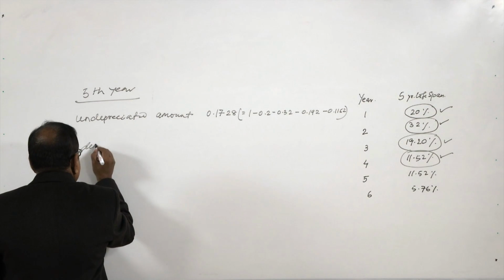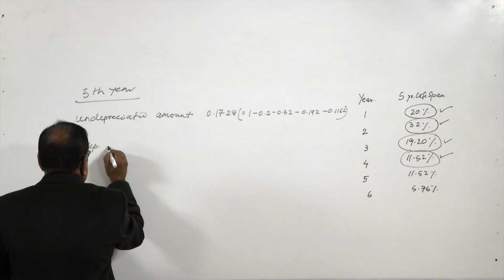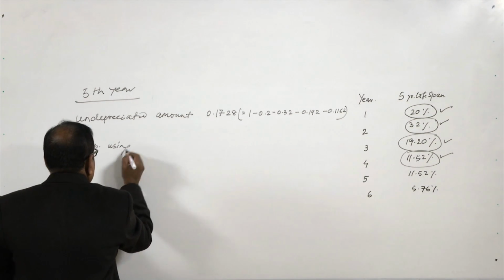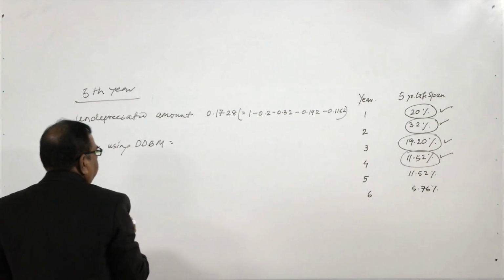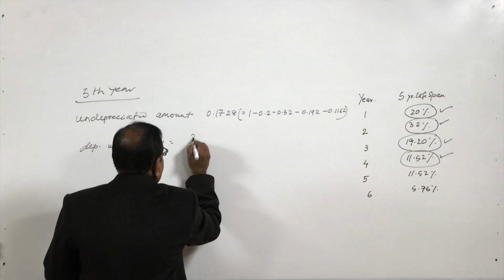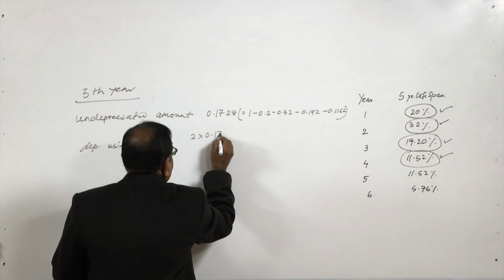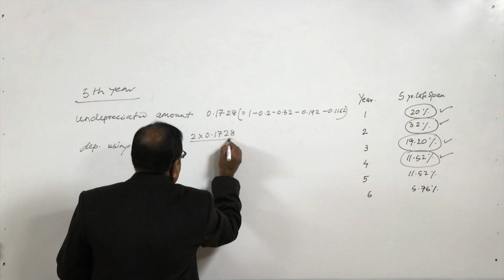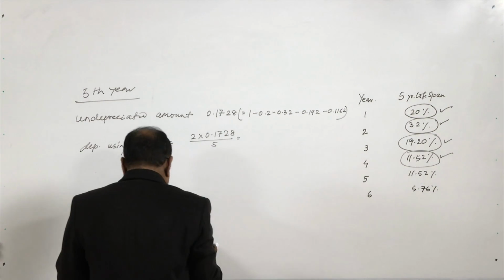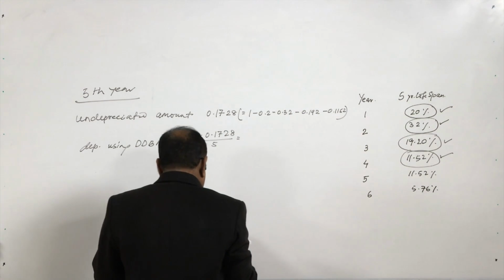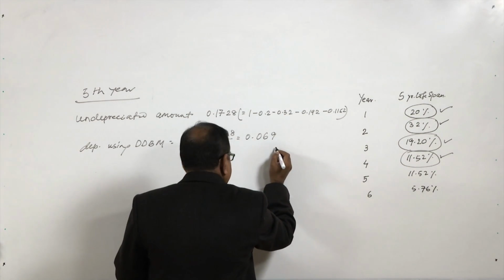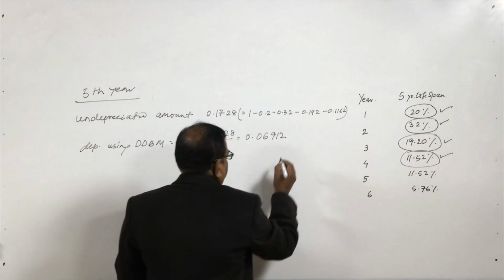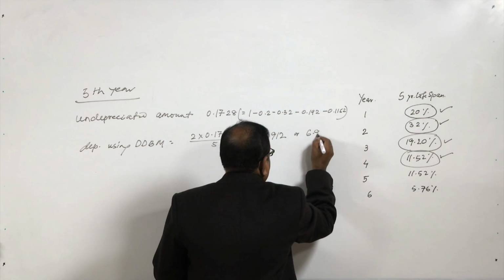Now, the depreciation charged using DDBM is equal to 2 into 0.1728 divided by 5. This comes out to be 0.06912 or 6.912%.